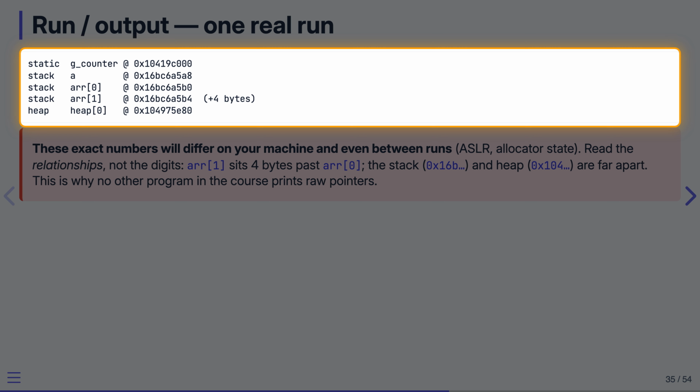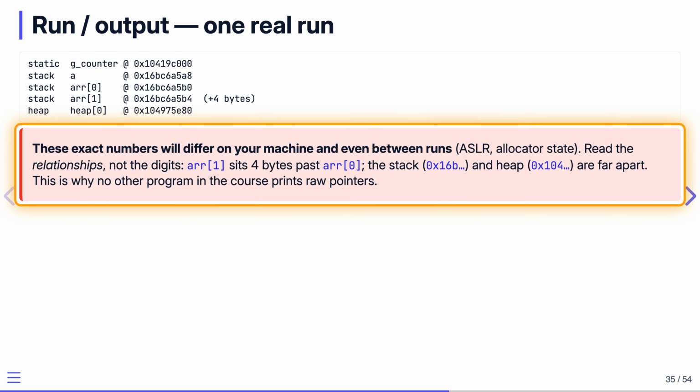The heap address starts with 104. They are far apart. The stack and the heap live in very different parts of memory. One warning: these exact numbers will differ on your machine and even between two runs because of address randomization and the allocator. So read the relationships, not the digits. That is why no other program in this course prints raw addresses.